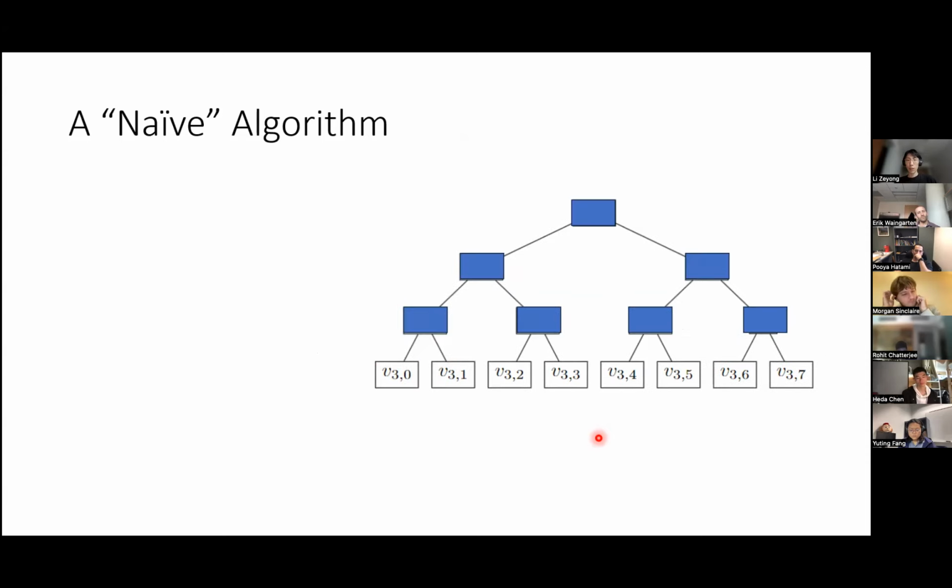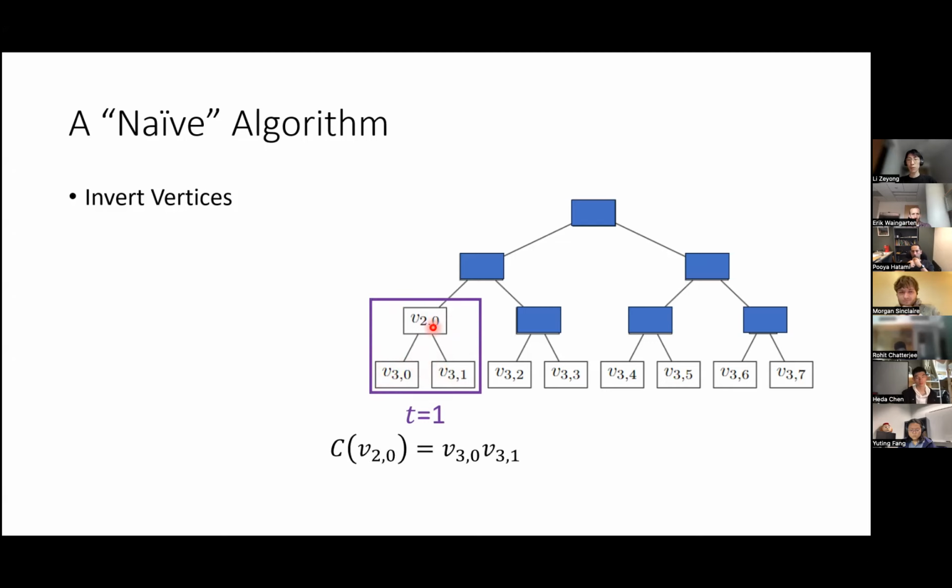Here's what the algorithm is going to do. It's going to invert the vertices with the help of the NP oracle, in the sense that in the first time step, it looks at these 3 vertices, treats these 2 vertices as the output of the circuit, and finds a pre-image of these 2 vertices. So it will try to find some value such that if you apply the circuit on this value, you exactly get whatever you have at its children.